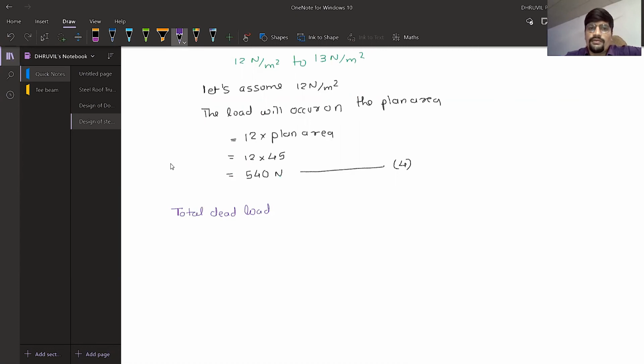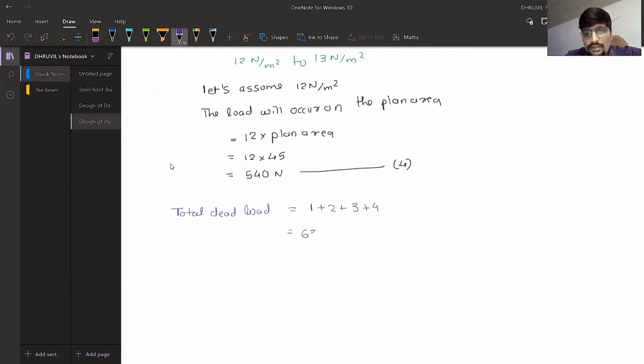At that time only, the extra dead load is calculated. But basically, these forces we need to calculate in any design of a steel roof truss. The total dead load is equal to 1 plus 2 plus 3 plus 4.